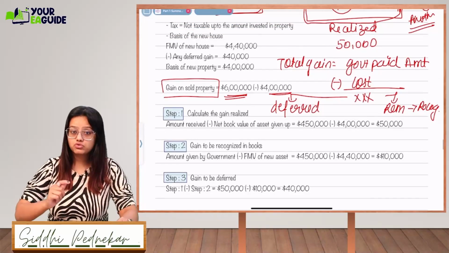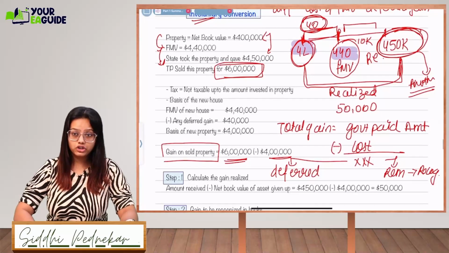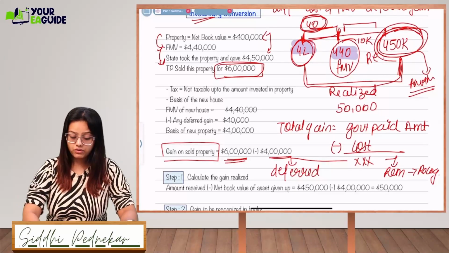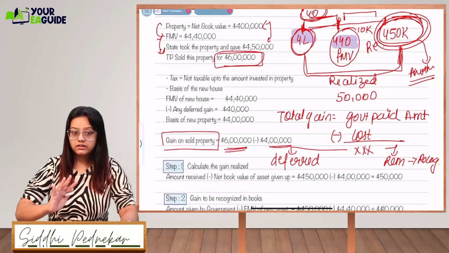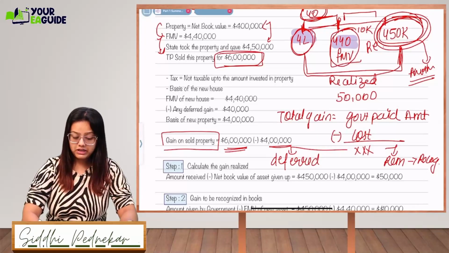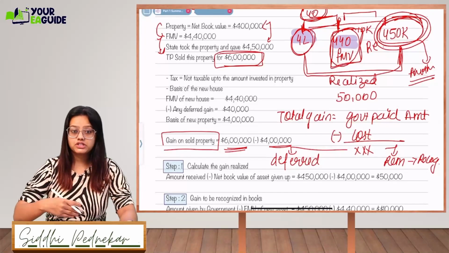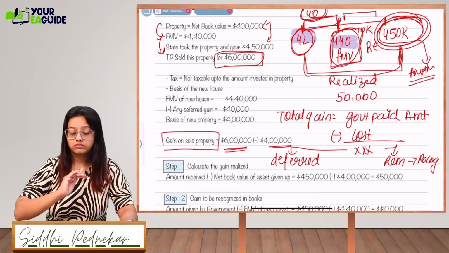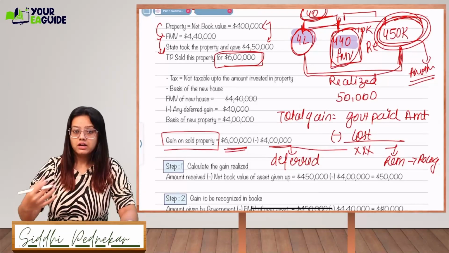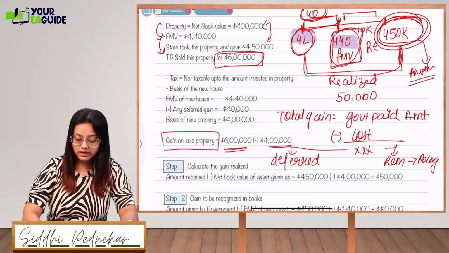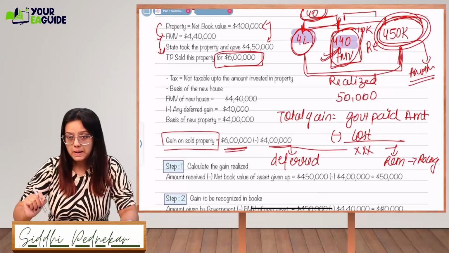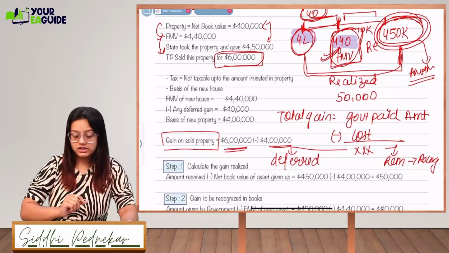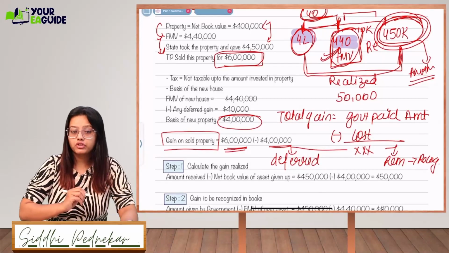And how much will be the value if you buy a new house using this 4,50,000? Directly take the FMV of the asset which is acquired, 4,40,000, minus the deferred gain. This will be the basis of the new property.